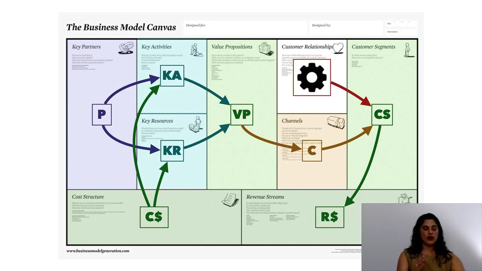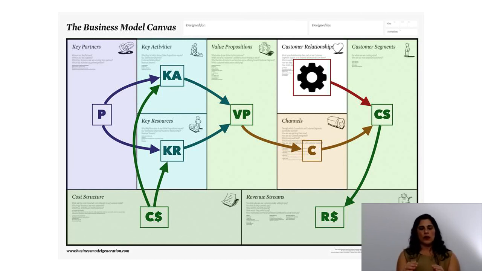And then on the infrastructure side, everything comes back to what are your key activities. I think it's really important to make sure that when you're defining these things as you're going through the exercise, you're keeping things organized so that okay, customer segment 1 and then value proposition 1, and then you can talk about the customer relationship and the channels for that customer segment 1, and then also what's the revenue stream for customer segment 1.